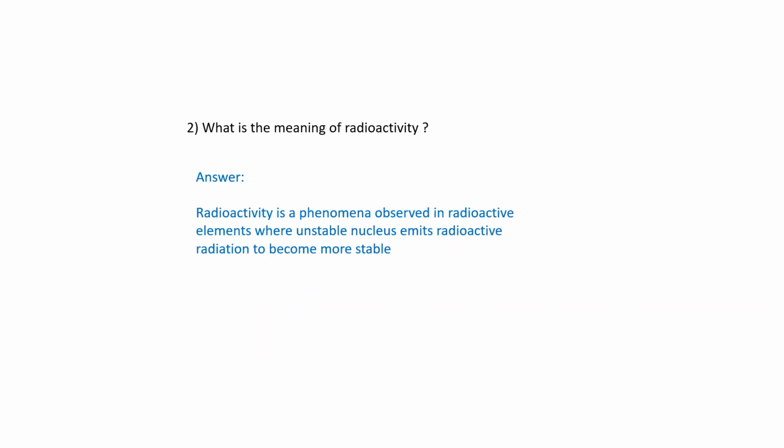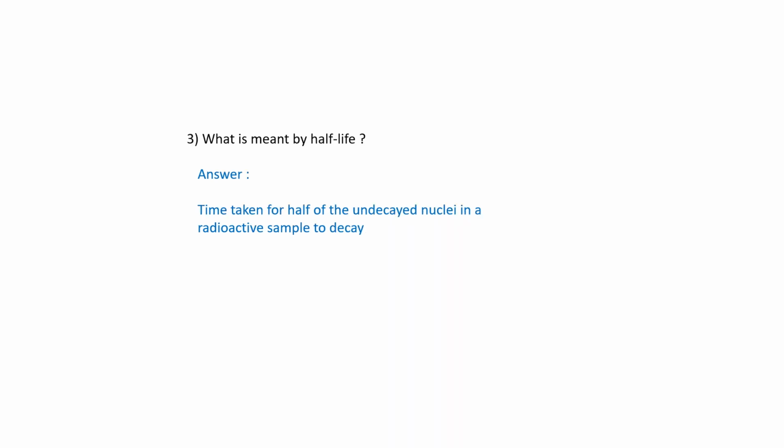Now, the second question asks, what is the meaning of radioactivity? And the answer is, radioactivity is a phenomenon observed in radioactive elements where an unstable nucleus emits radioactive radiation to become more stable. Now, the third question asks, what is meant by half-life?